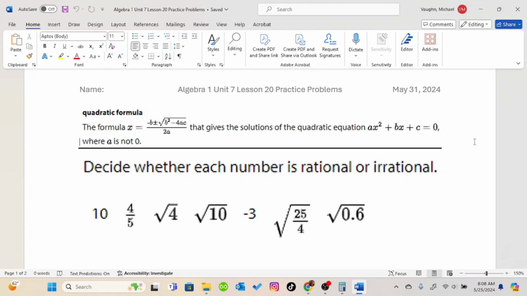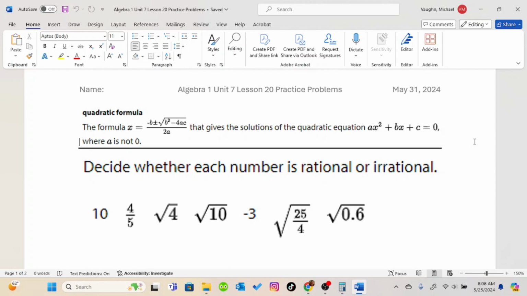We need these quadratic equations to be in standard form, ax squared plus bx plus c set equal to 0. There's one rule, and that is that a cannot be 0, because if it was, x squared would go away, and this would no longer be a quadratic equation.